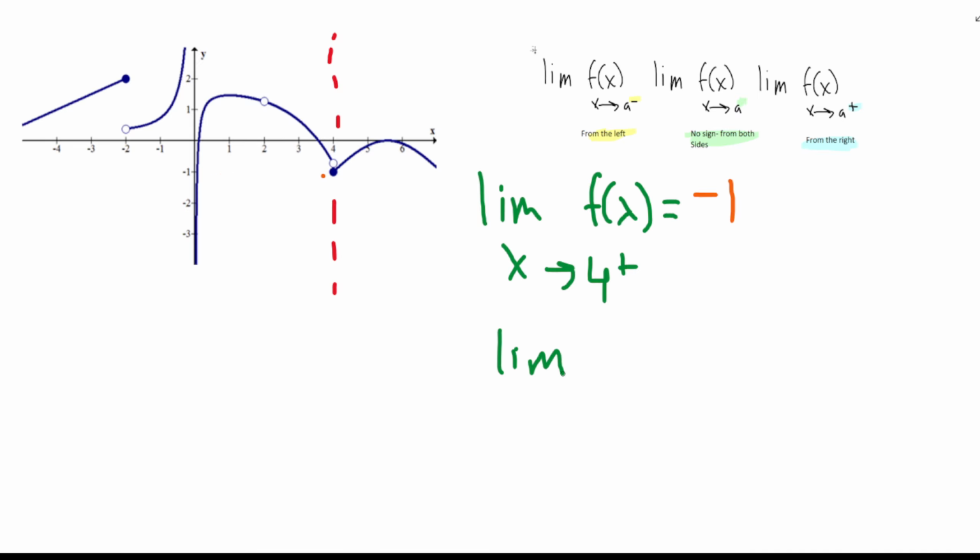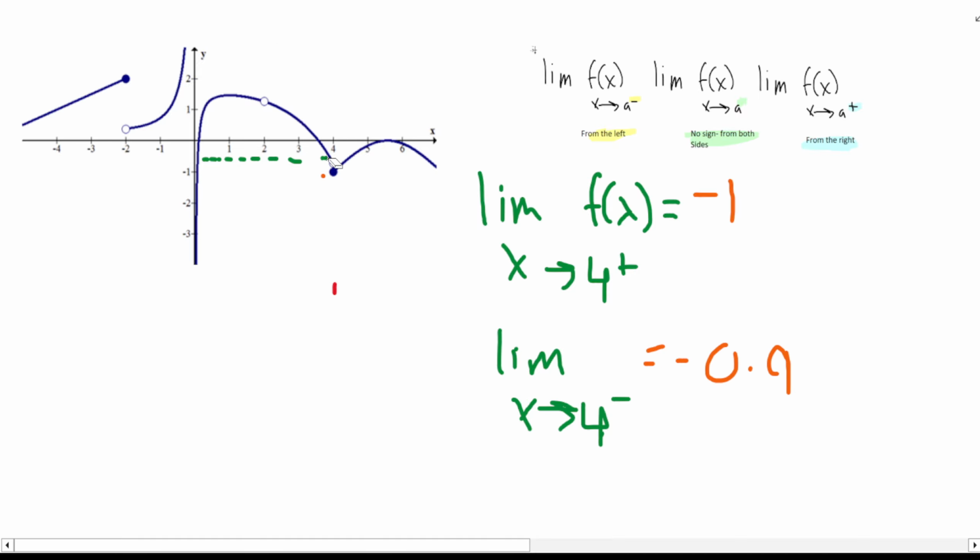Now, let's say I give you the limit as x approaches 4 minus. Same line, but from the left. Now, this one's going to be slightly different because the line goes to this closed point, and I don't know exactly what that point is. It looks to be some sort of decimal. We can just call that -0.9. But you'll see that the line from the left and the line from the right technically go to different y values depending on the side they're at.